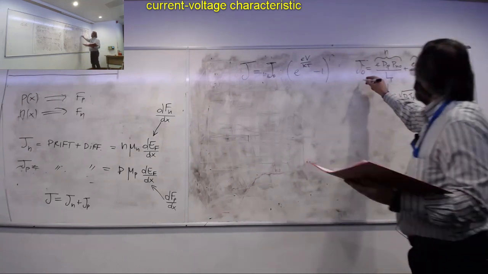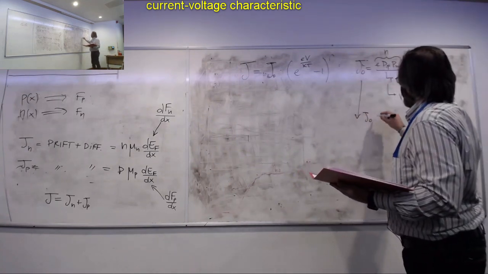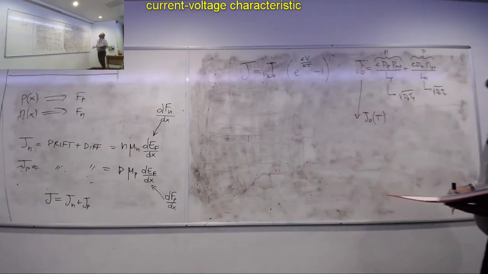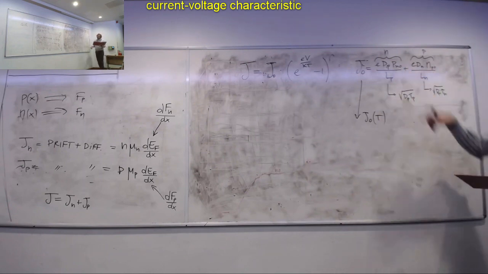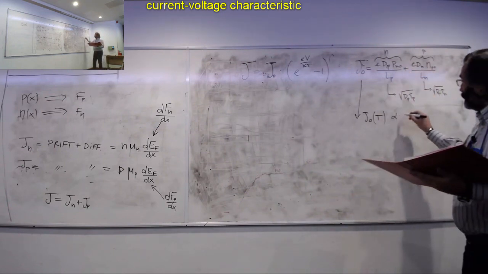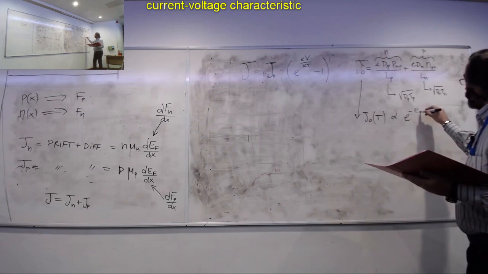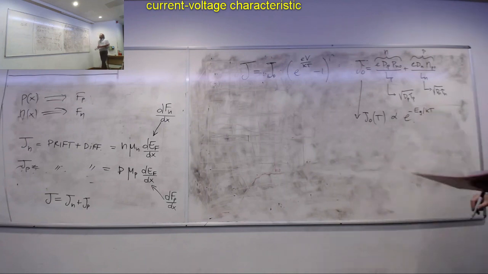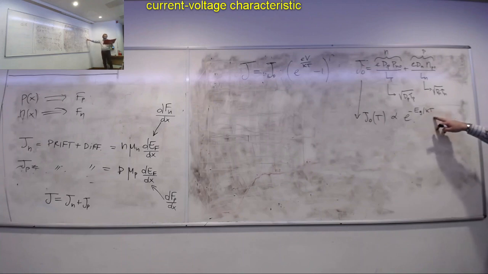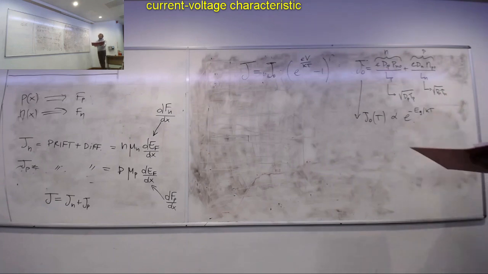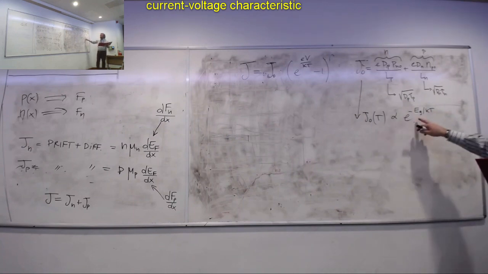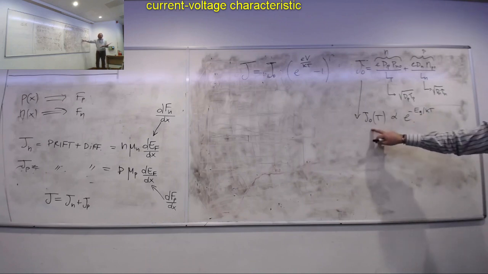Also, note that J0 is a function of temperature, because all these things are a function of temperature, and effectively depends on temperature in this way: e to the minus Eg over kT. So if temperature goes up, J goes up. If Eg goes down, J goes up.